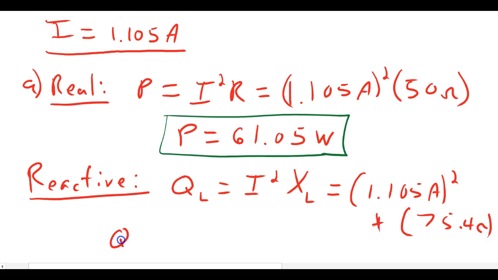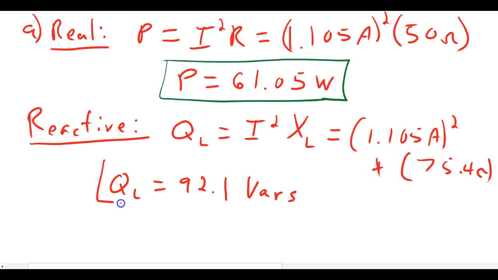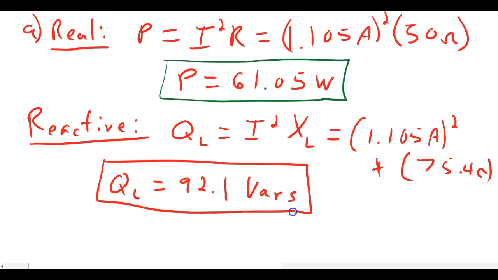And so we find that QL is equal to 92.1. The unit for reactive power, VARs, or volt amps reactive. So reactive power then is Q equals 92.1 VARs.